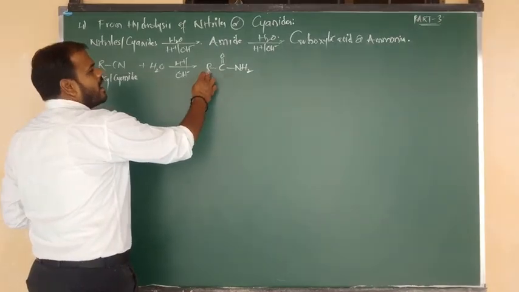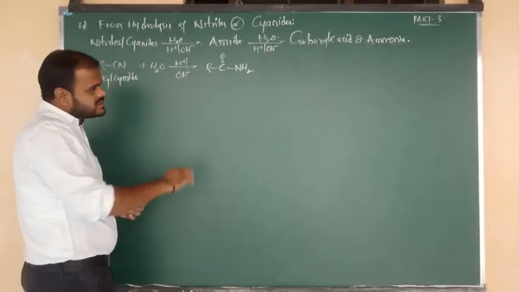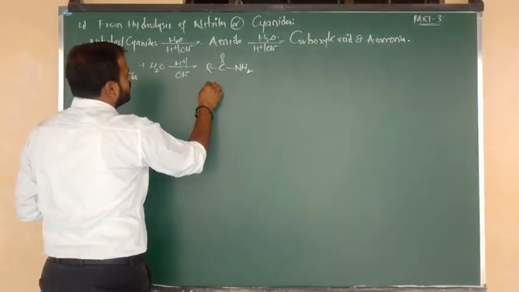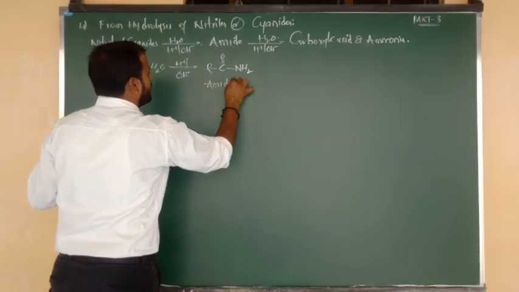The product is R bonded to C double bond O, bonded to NH2. The name of this compound is amide.